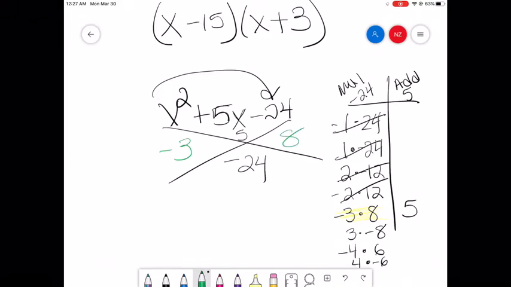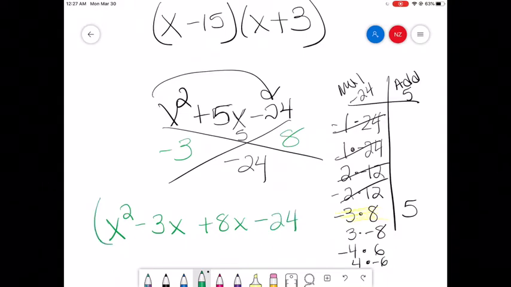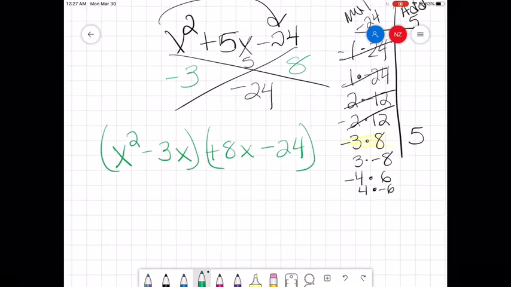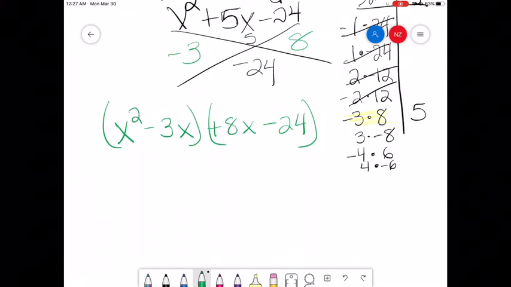When I write this out, I have my x squared minus 3x plus 8x minus 24. We want to group the pairs and then factor out the greatest common factor. In this case, I'll have x and then x minus 3. Then in this case, I think I'm going to have to take out a negative sign here.